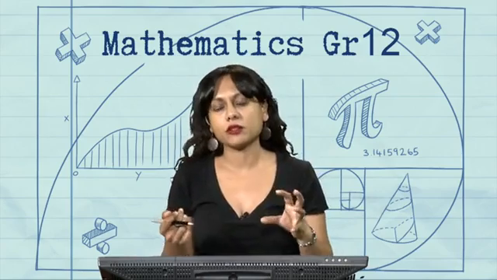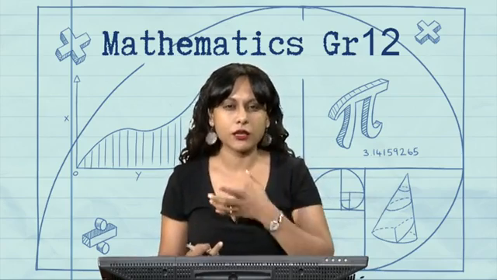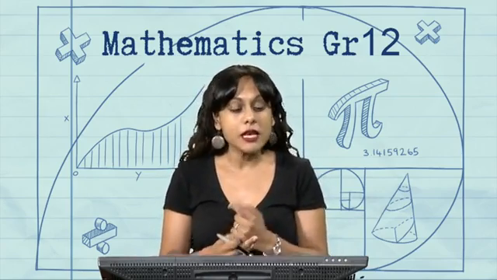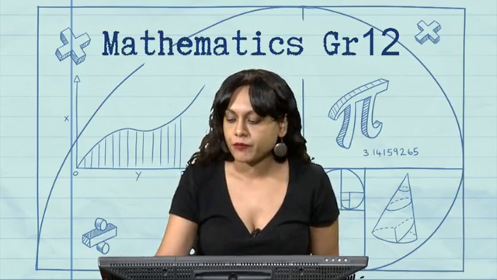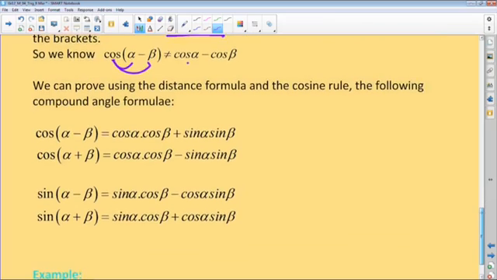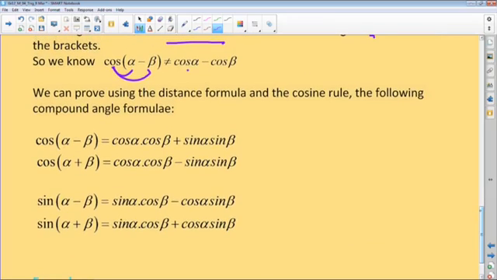It's not going to be possible. So we need to have formulae that we can use for compound angles. And this is where we can actually prove, using the distance formula and the cos rule, which you'll remember from triangles and your 3D trig that you did last year, the following compound angle formulae for solving triangles.